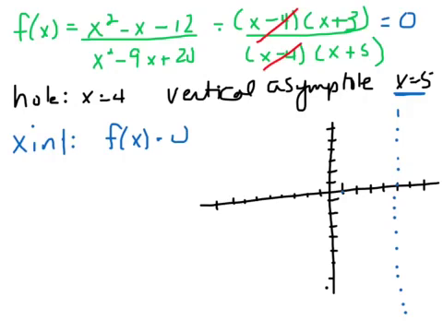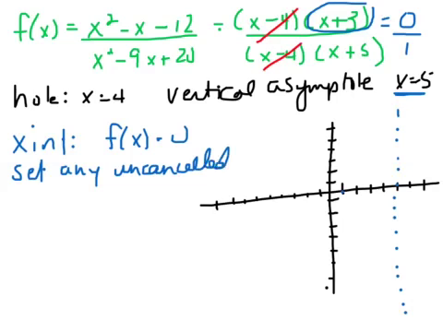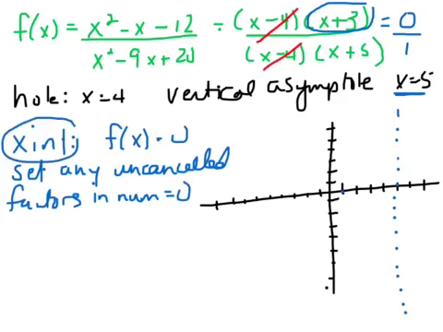Because if you remember, I could put 0 over 1 or 0 over 2 or 0 over 3, but the only part that's going to equal 0 is the numerator. So what we do to find this is we set any uncanceled factors in the numerator equal to 0. That's how we find our x-intercept.